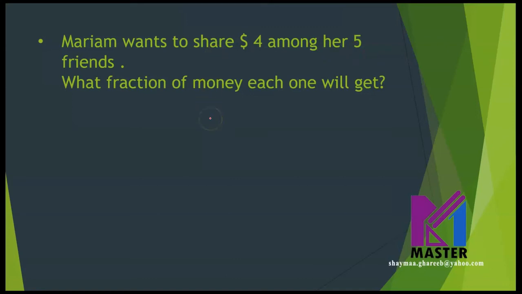What do you think? Yes, so the $4 will be shared among 5, so each one will get a fraction which is 4 over 5, or 4/5 of the dollar. And here you have to mention the unit, which is dollar, because it's really important. We cannot just write 4 over 5. You must put the unit.